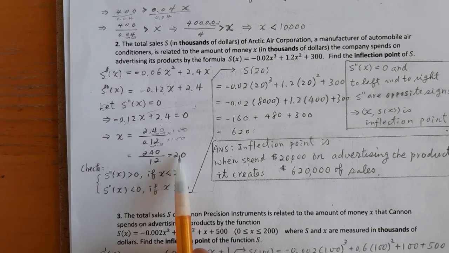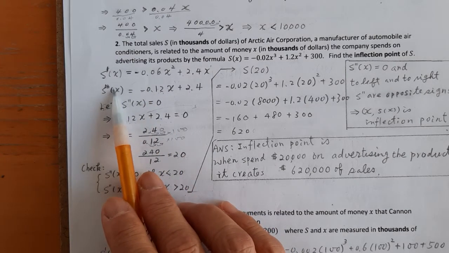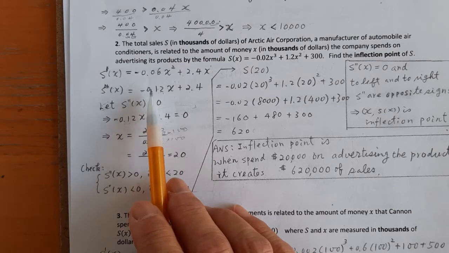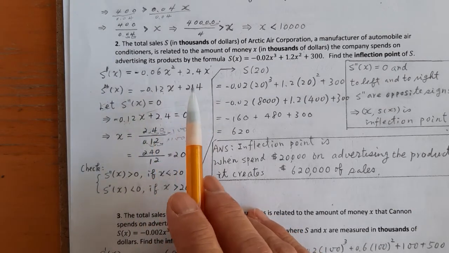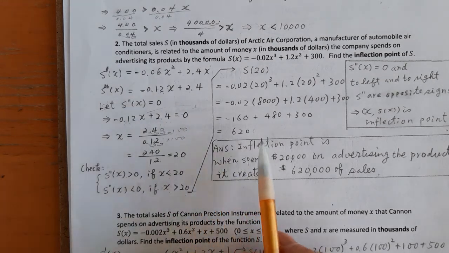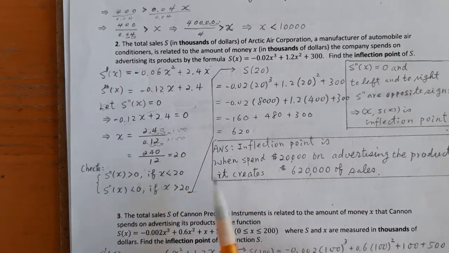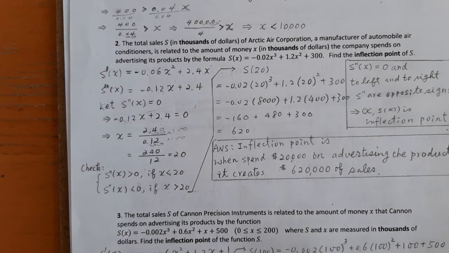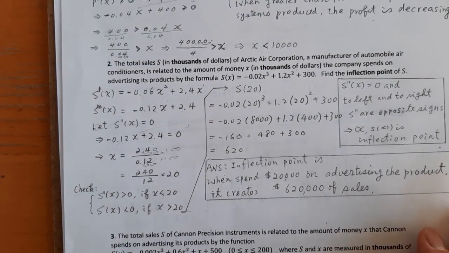Then greater than 20, like 30, plug into the second derivative, you get negative 3.6, add 2.4, is negative 1.2. So it's less than 0, a different sign. So that is an inflection point.